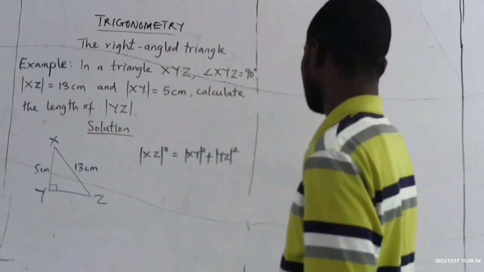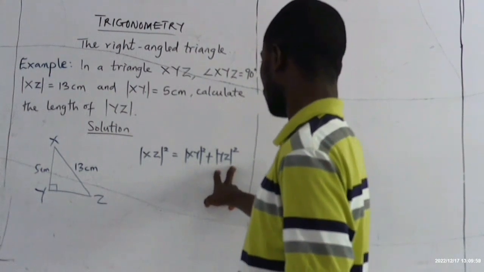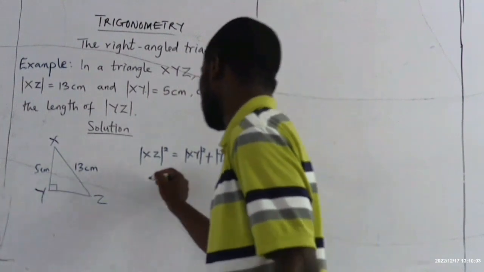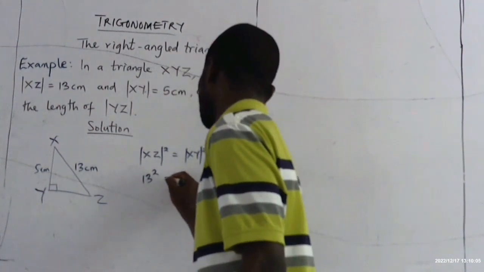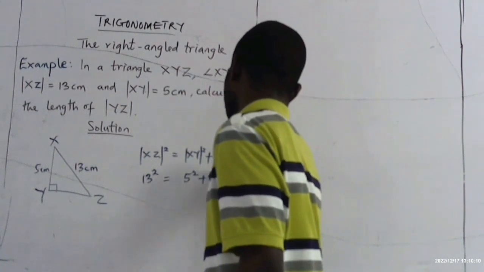And we need to look for YZ. So we start by filling in the details: 13 squared equals 5 squared plus YZ squared.